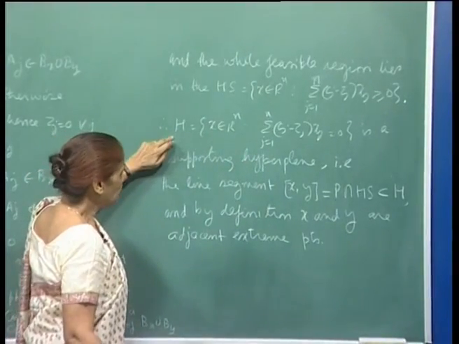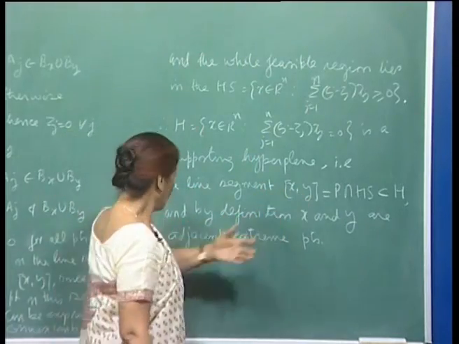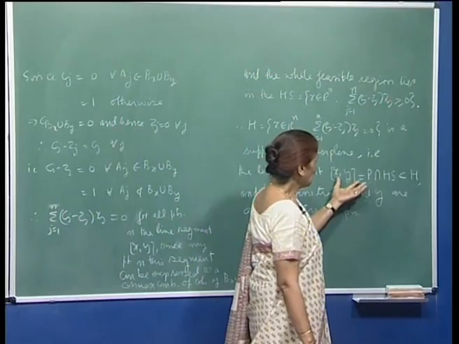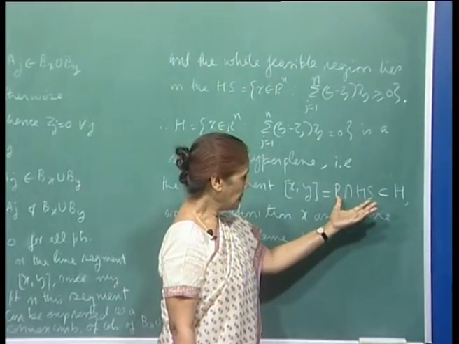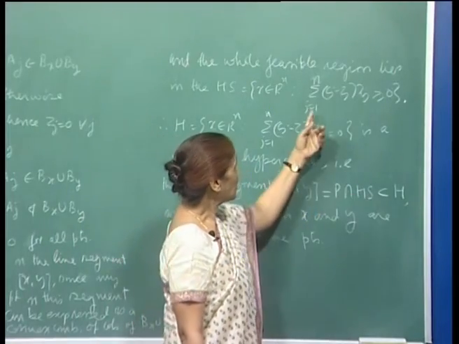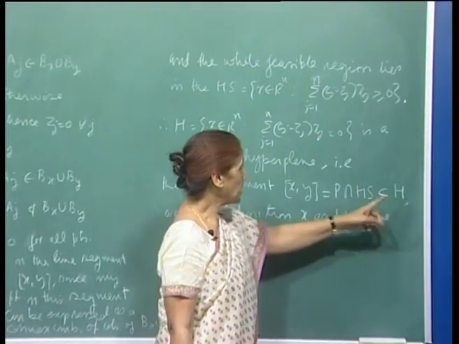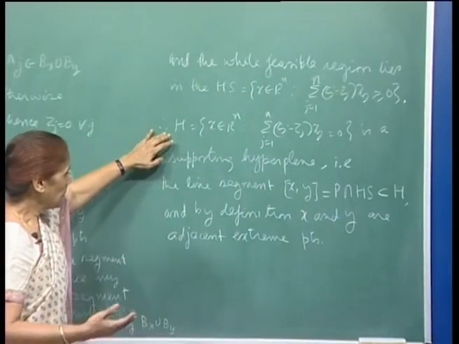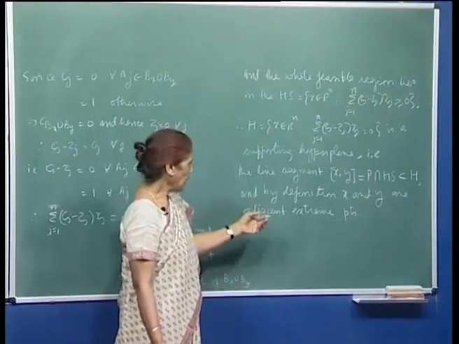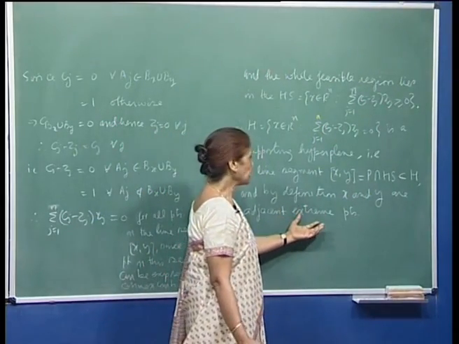This becomes a hyperplane because you see from the working out here that this line segment is actually the intersection of the feasible region polyhedron P with this half space, and this is a subset of this hyperplane H. Therefore, H becomes a supporting hyperplane, and by our definition x and y are therefore adjacent extreme points.